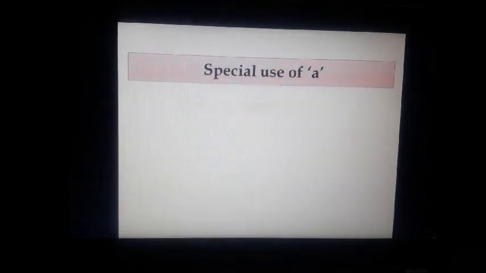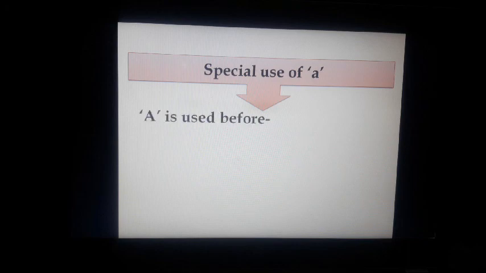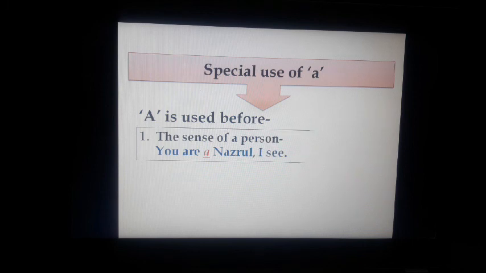Let's go to the next slide. Some special uses of a, when we will use a. These are the special rules. A is used before the name of a person in the sense of a quality. Look at the example. You are a Nazrul, I see. Here Nazrul is not the person, it's a quality. Okay, then we have to use a.